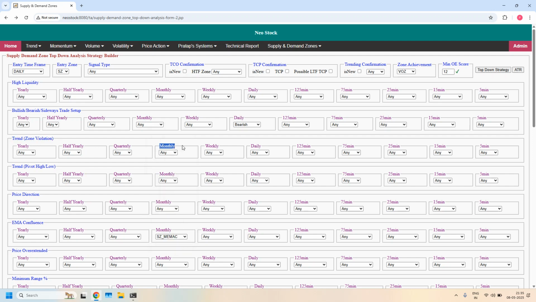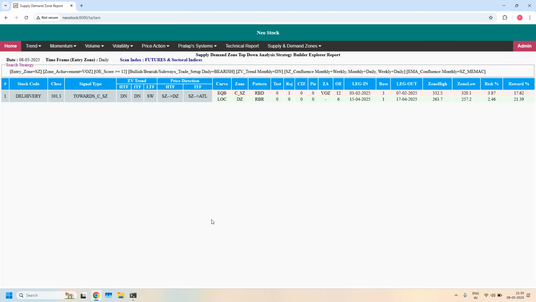At the same time, trend on the monthly should not be sideways. It should be downtrend because it is bearish trade setup. So this stock is filtered, having monthly trend down and monthly EMA confluence, and in that monthly zone this daily supply zone is overlapped. So this is bearish trade setup for monthly income trade.